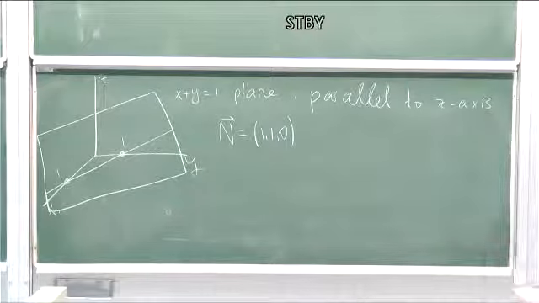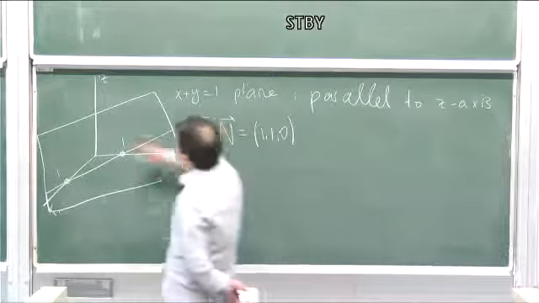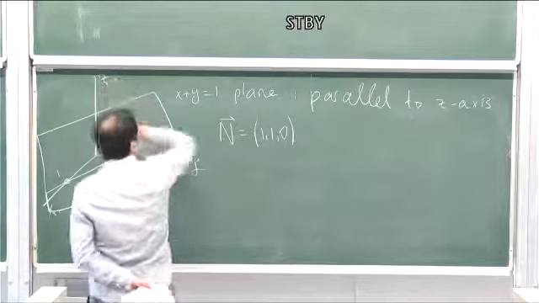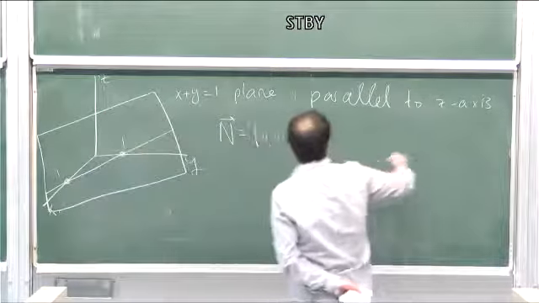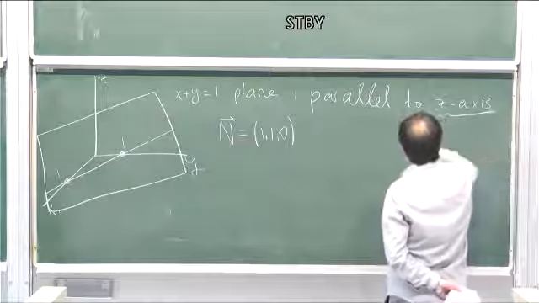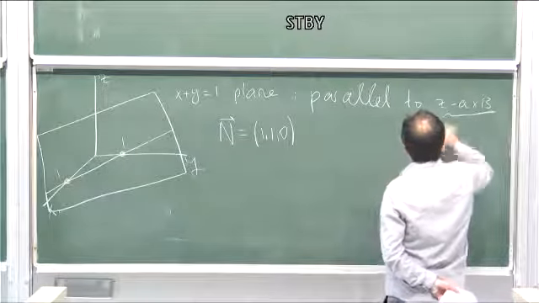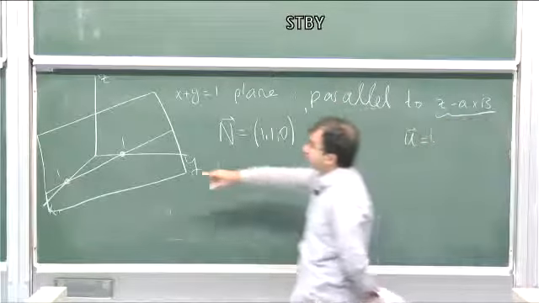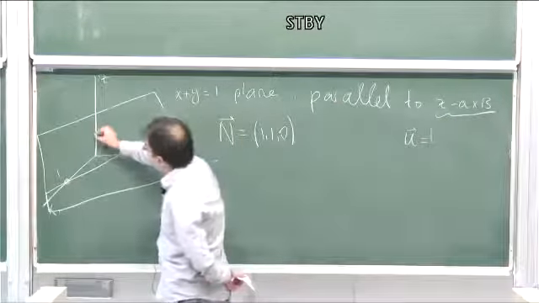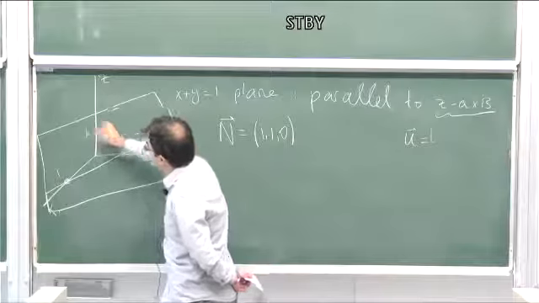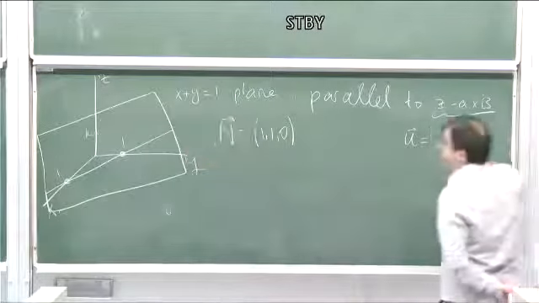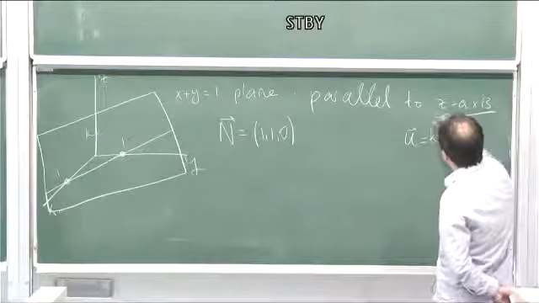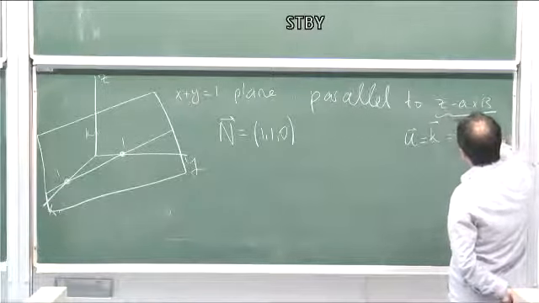All right. What about the direction vector for the z-axis? The z-axis is a line, right? So what is a direction vector for the z-axis? For example, the k vector, 0, 0, 1.